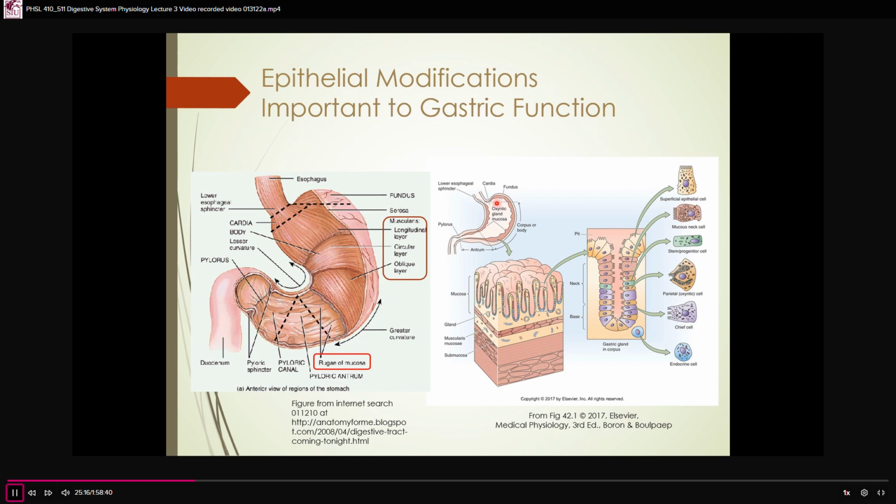Many of the glands in the stomach will also have chief cells. These are the cells that make the pepsinogens, and the chief cell population that is up here in the fundus region of the body is where those gastric lipases will come from.